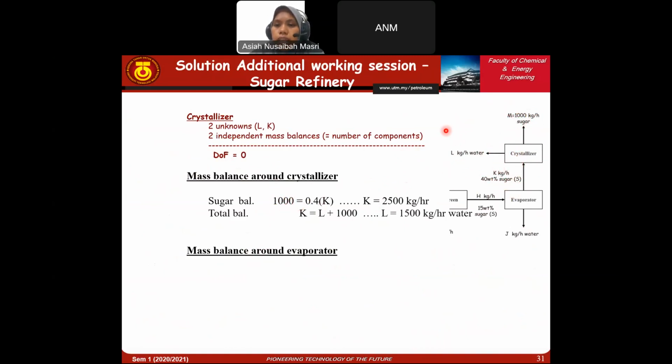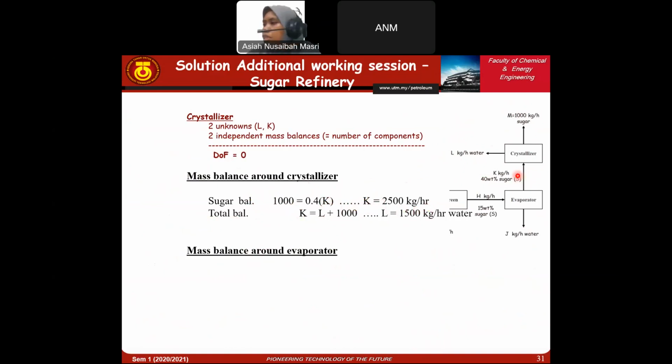Because here we have pure sugar. So input equals output. This is our output here, 1000 times 1. Our input here is 0.4, which is 40% sugar, times K, which we don't know. But we can solve this problem. We can find K. K is 2500 kilogram per hour. Then we try to do the total balance.